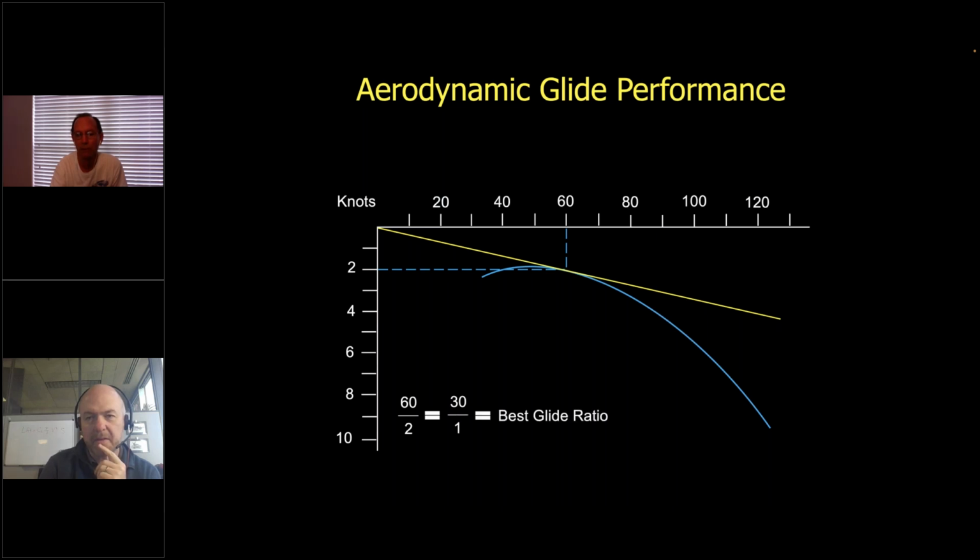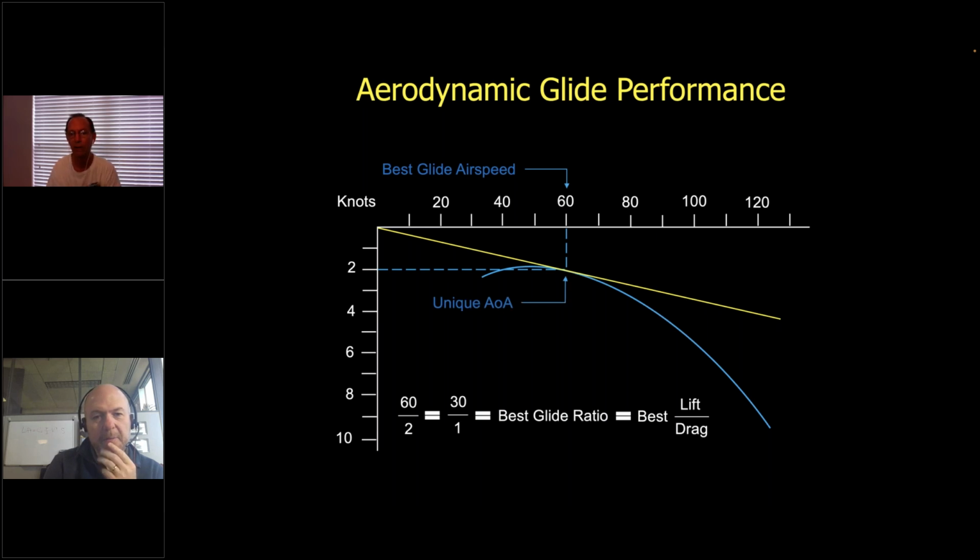That's the best glide ratio you can do, and it's often referred to as the best lift over drag ratio. And it occurs at what is referred to as the best glide airspeed. It turns out that it's not actually an airspeed. It is a unique angle of attack, which is where the discussion for this presentation comes in.